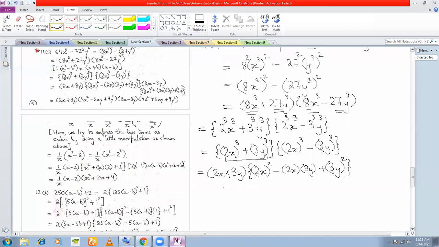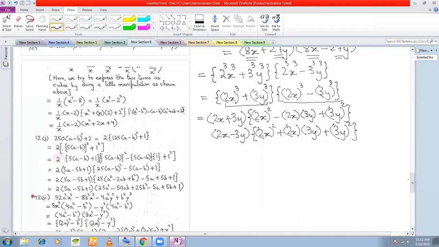For the second one, you have a minus b into a square plus ab plus b square.